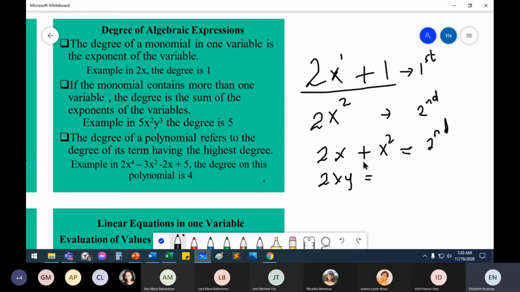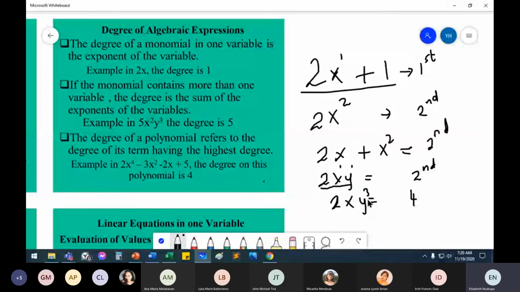If you have something like this, then we add the exponents of the two variables, and that is going to be the degree of our expression. Since y has nothing written, it's 1, and this is 1, therefore it will be a second degree expression. If you had something like 2x times y cubed, this will be a fourth degree expression.